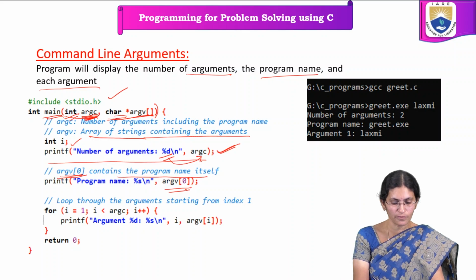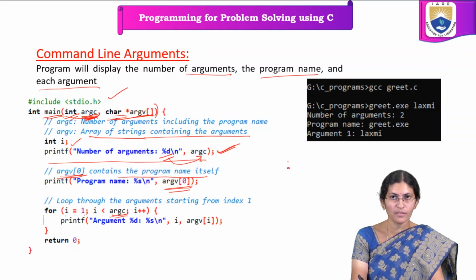Next, in order to print all the arguments, we have to use a loop: for i equal to 1, i less than argument count, which is given by the variable argc.